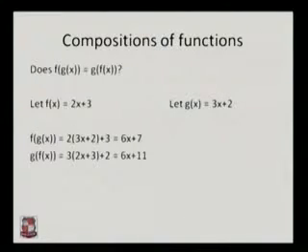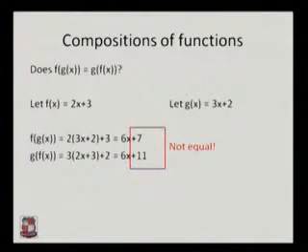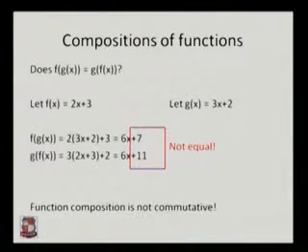But g of f of x is equal to 6x plus 11. Both are not equal. So f over g is not equal to g over f. That means function composition is not commutative. They are different.